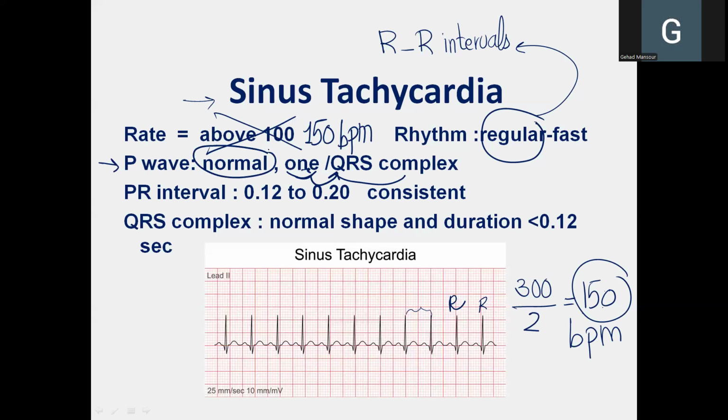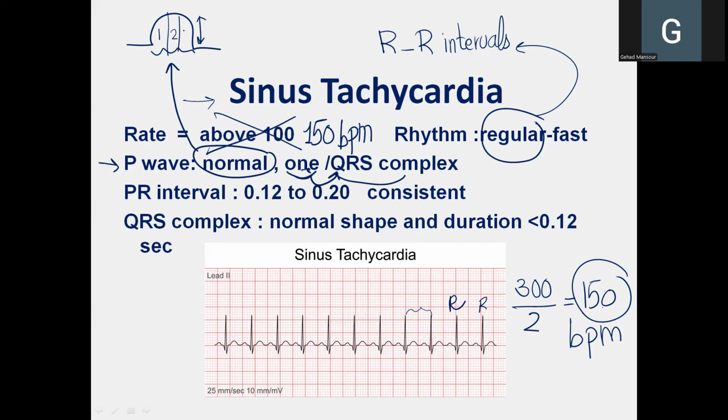Here it's written simply that the P wave is normal. You might say that it is normal in width and normal in amplitude. Normal in width, so you have to count the number of small squares.